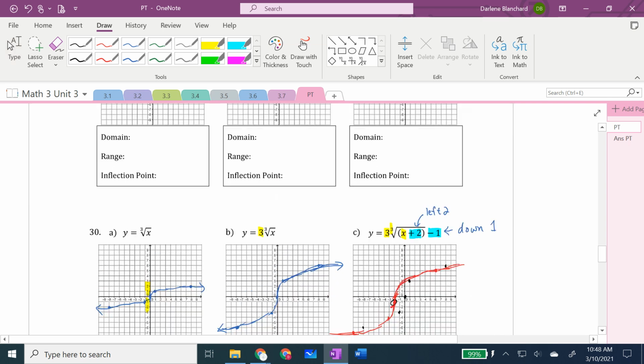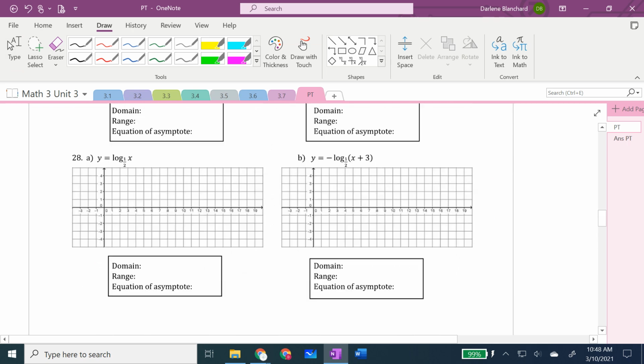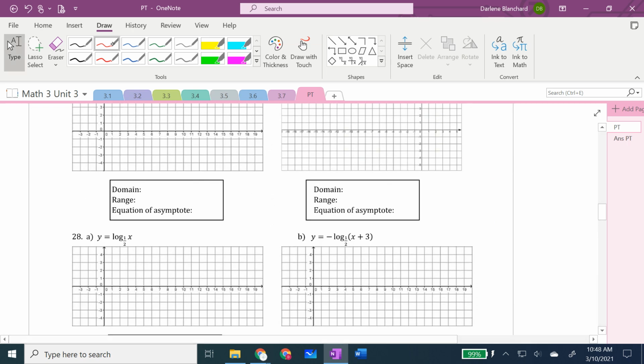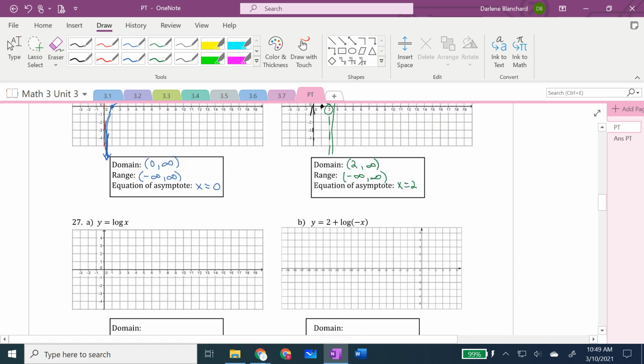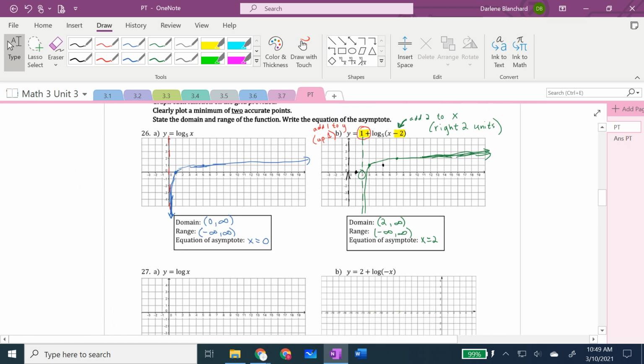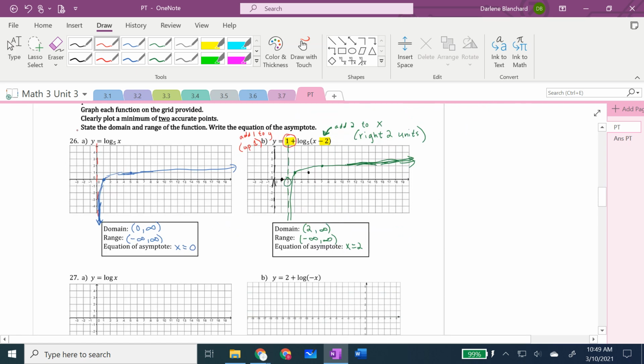But you know what? I'm going to tell you one thing you can take off your plate right now. I'm not going to give you a base between 0 and 1 to graph on a logarithm. I want to make sure that you feel comfortable with logarithms and graphing when you're dealing with a base that is greater than 1.